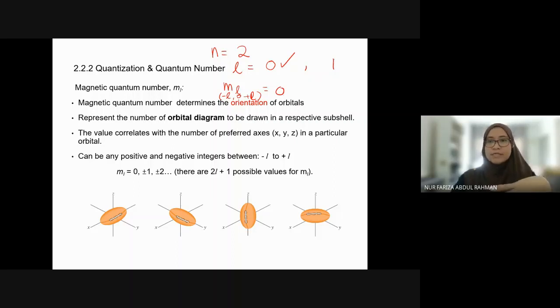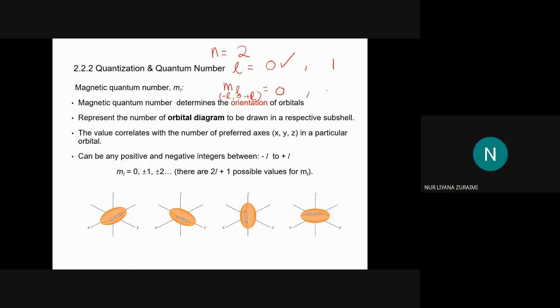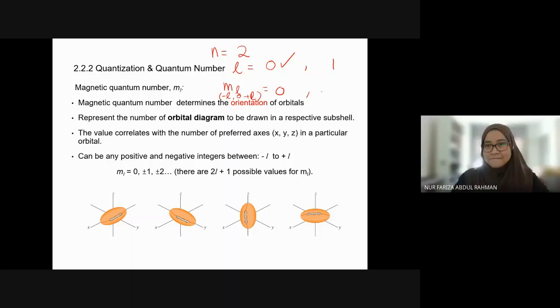Next will be the ML for L is equal to 1. So the ML should be plus minus 1. Jangan sebut plus minus 1 macam tu. Kena sebut positive negative 1, 0, positive 1.